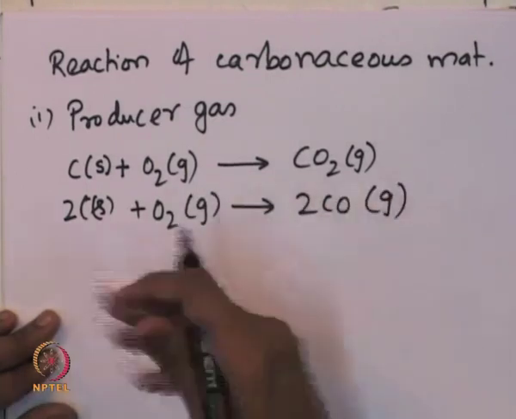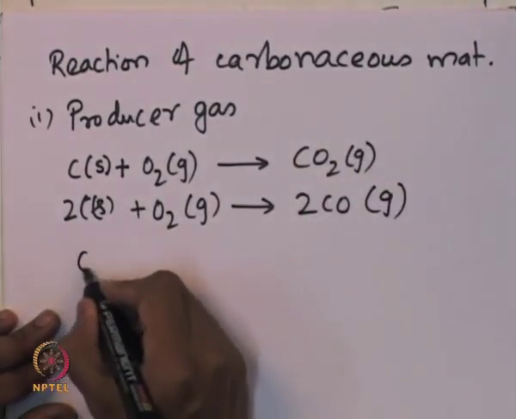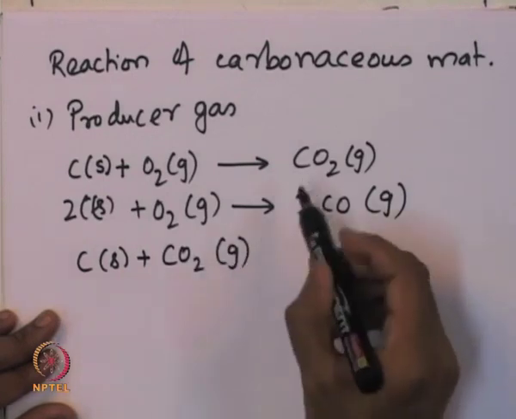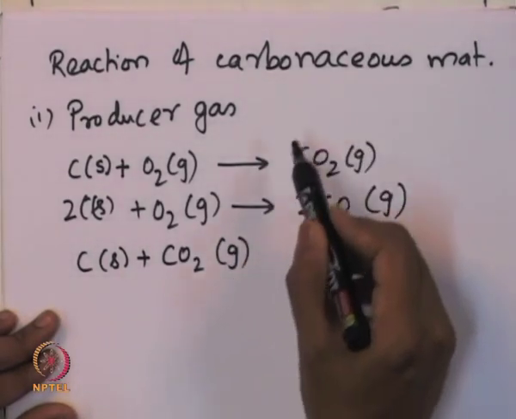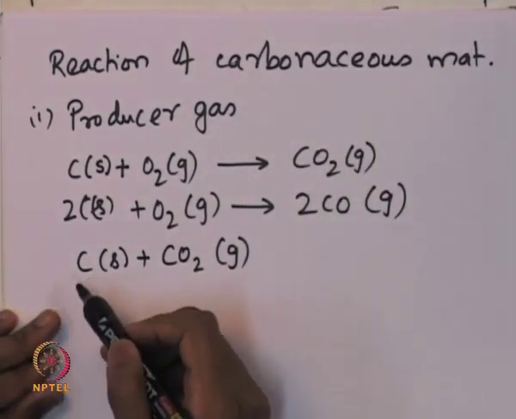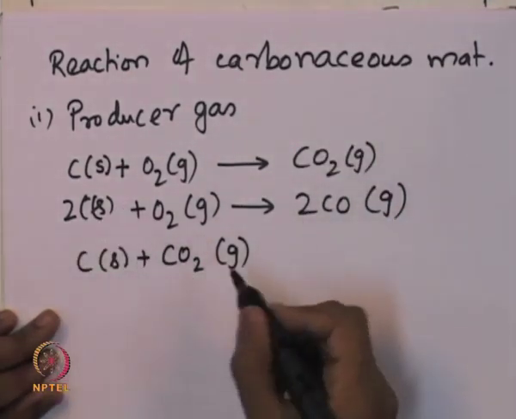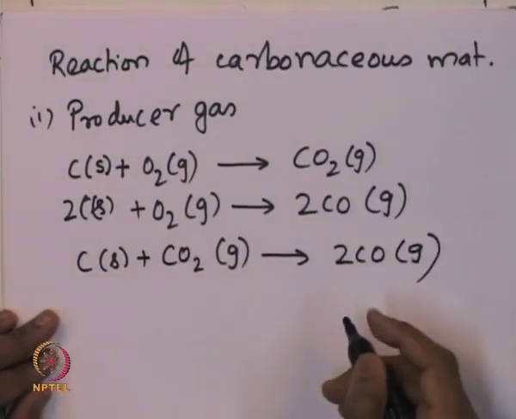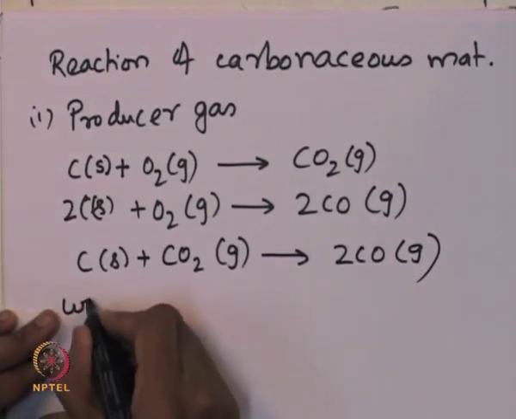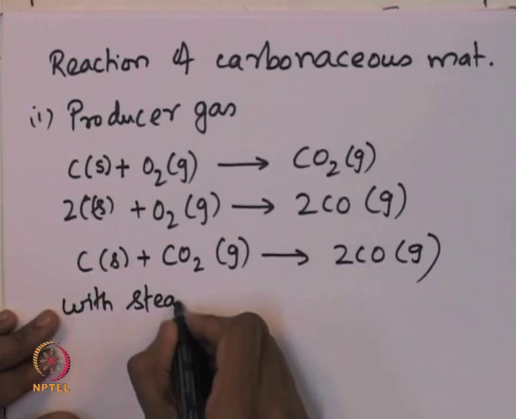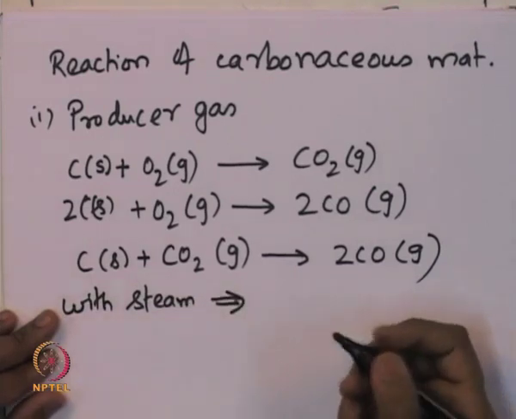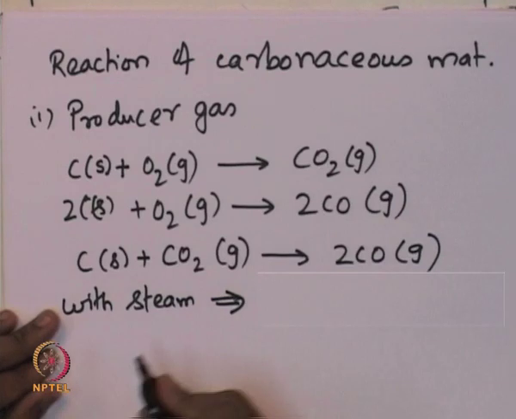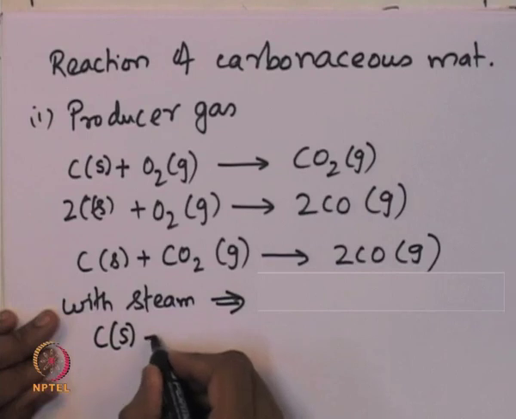This again occurs simultaneously along with the first reaction, and then another reaction which also occurs is carbon reacting with CO2. So, CO2 which is also formed by this reaction again interacts with the unreacted carbon present in the solid core, and that leads to formation of 2CO. So, this is the reaction scheme for producer gas. Suppose the reaction is conducted in the presence of steam, then it leads to the formation of CO and H2, which is the carbon gasification reaction, and the scheme is carbon and water.